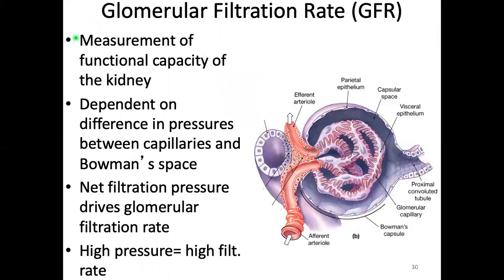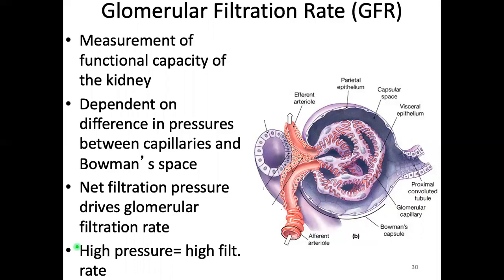Glomerular filtration rate is a measurement of functional capacity of the kidney. It depends on the differences in pressures between the capillaries and the Bowman space. The net filtration pressure, which we just talked about, is going to drive glomerular filtration rate. So the idea behind this is that if you have a high pressure, you're going to have a high filtration rate, right? Which should make sense.